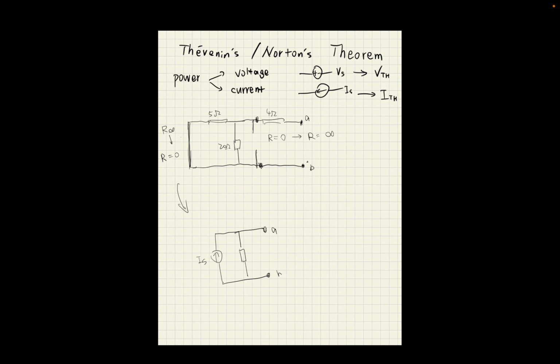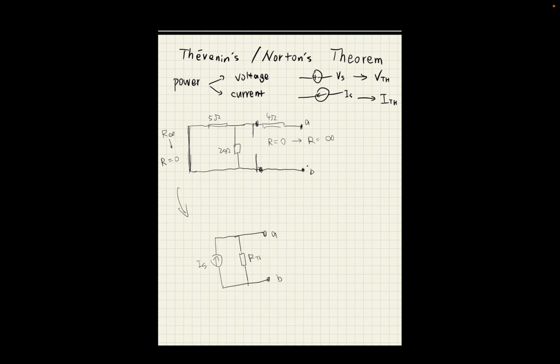This is point A, this is point B. Now, surprisingly, or not surprisingly, this resistor is still RTH, and the calculation method is also the same, just the resistance between point A and point B. And yeah, so you get it.